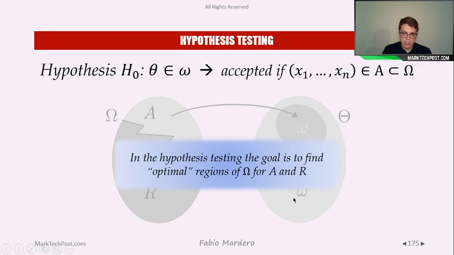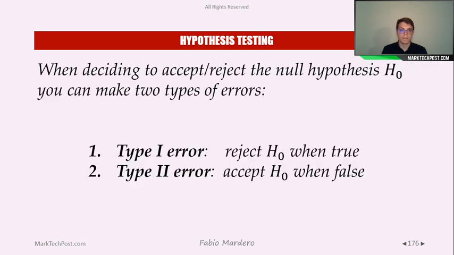So in hypothesis testing, the goal is to find the optimal regions of omega for defining the acceptance region and the rejection region. We will not go into detail. This is just an overview of hypothesis testing.